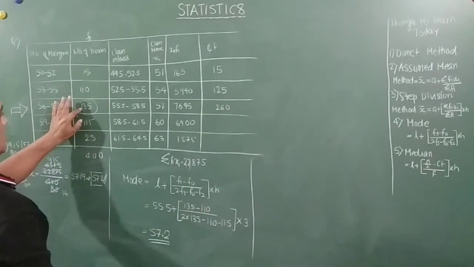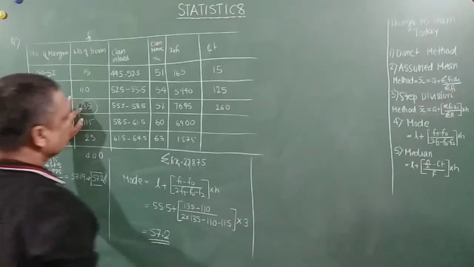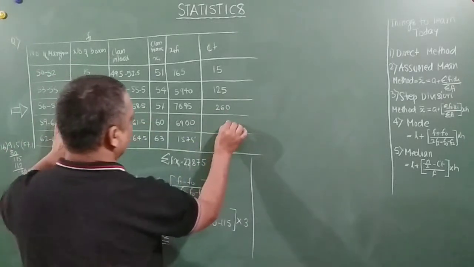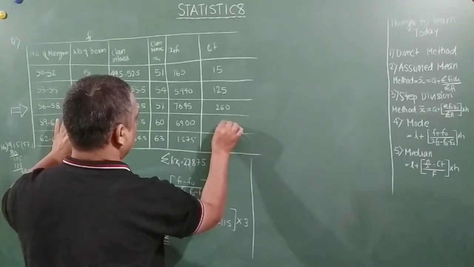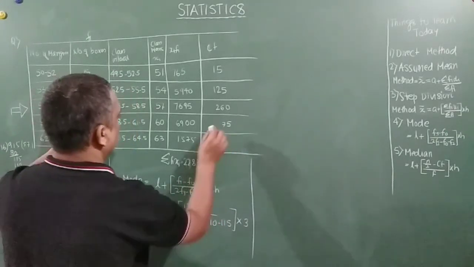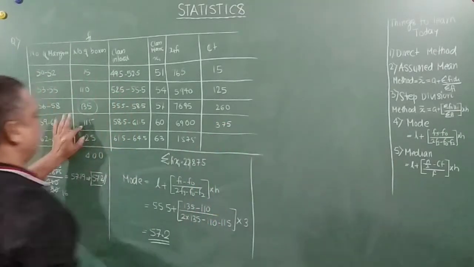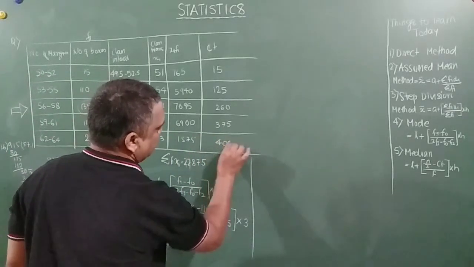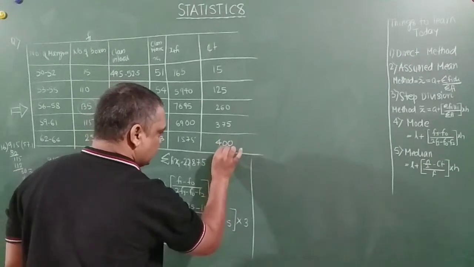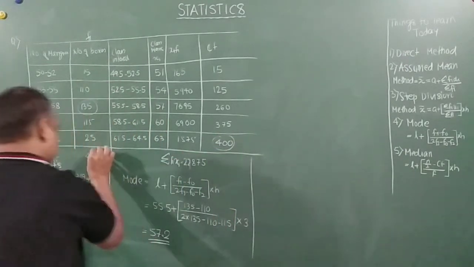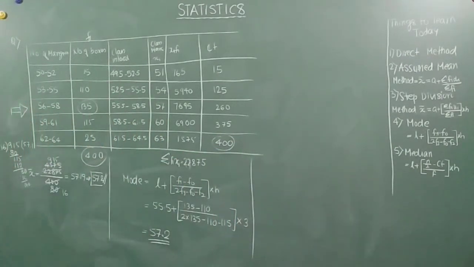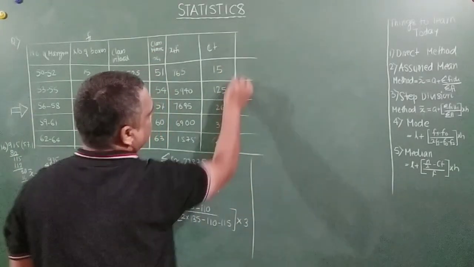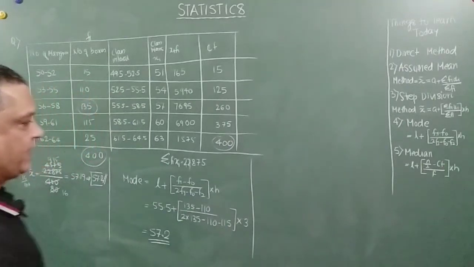Correct? Now 260 plus 115 is how much? 375. 375 plus 25 is 400. The cross check is that this value and this value should be the same. If it is not, then something is wrong. So we have got the cumulative frequency.